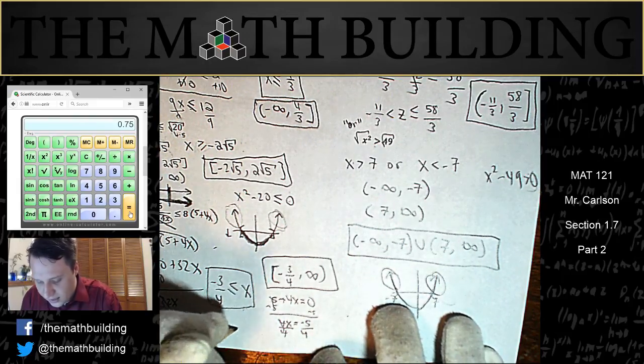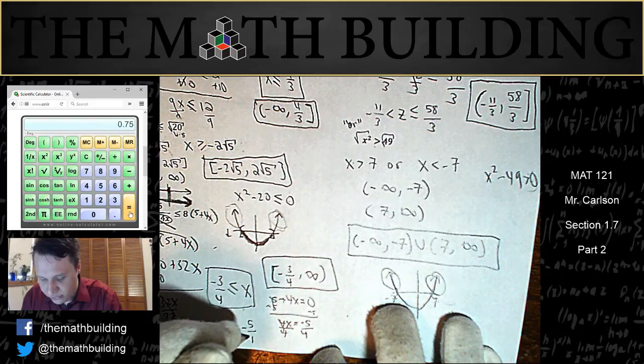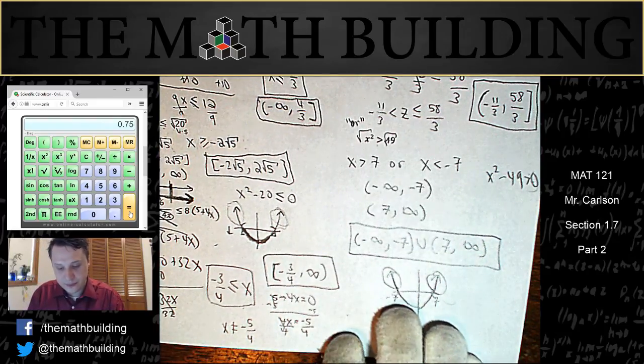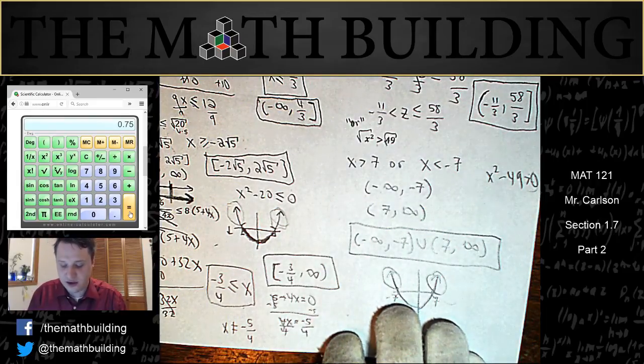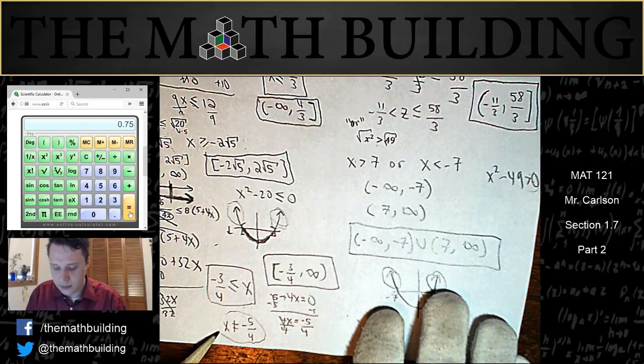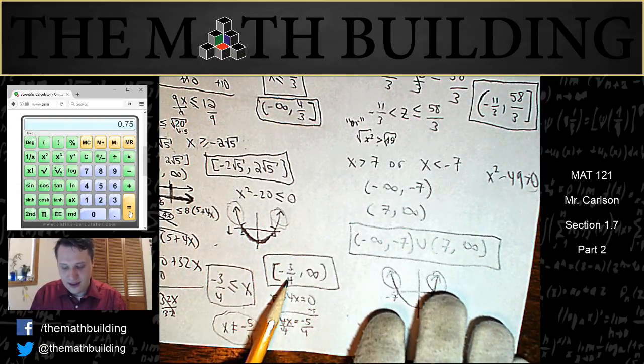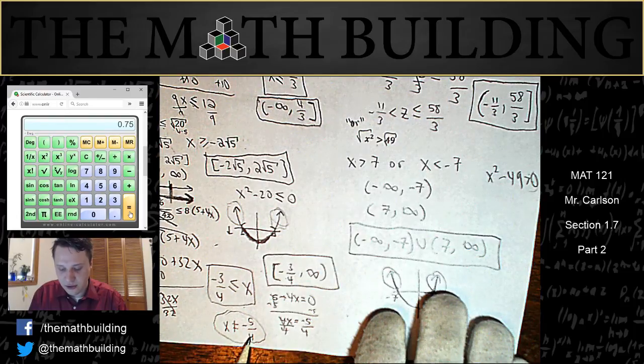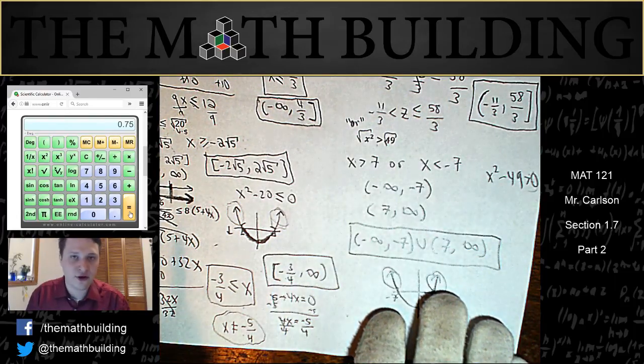So x cannot equal negative 5 over 4, because that would make this denominator be 0, which would be undefined. But here's the good news. This one problem, negative 5 over 4, that's going to be to the left of this, because do you see how that's a bigger negative number than that? So this number is already not in our interval.